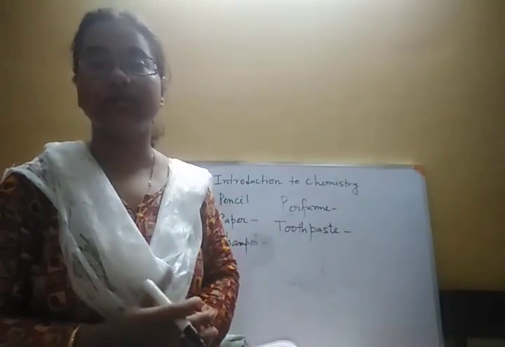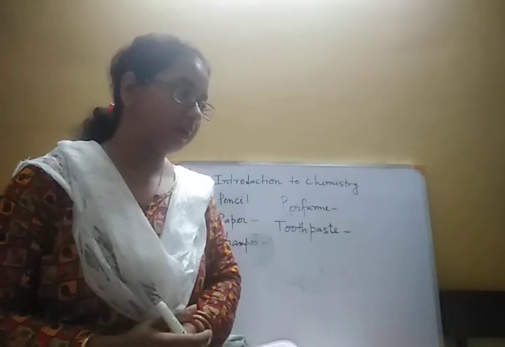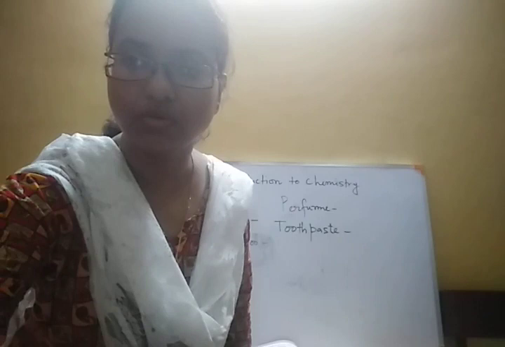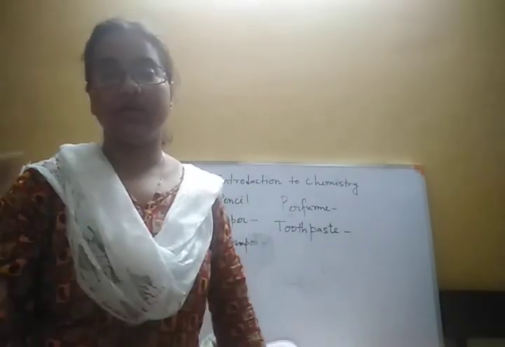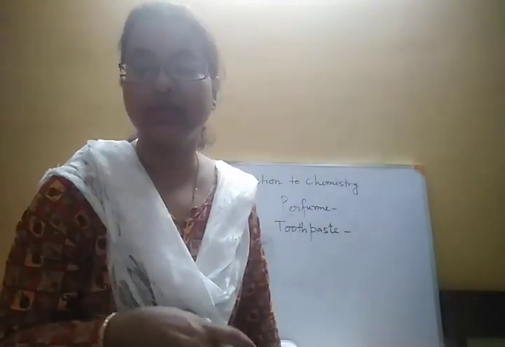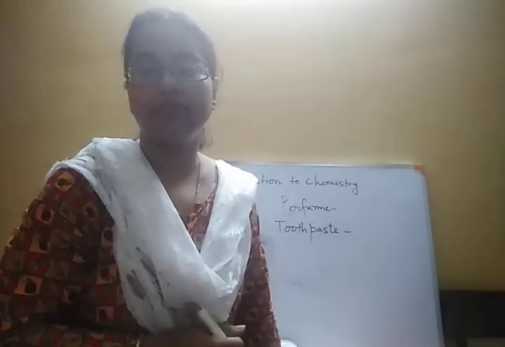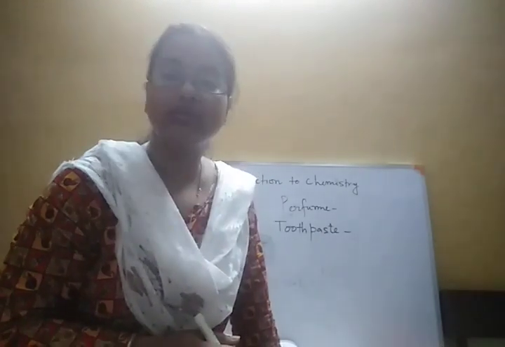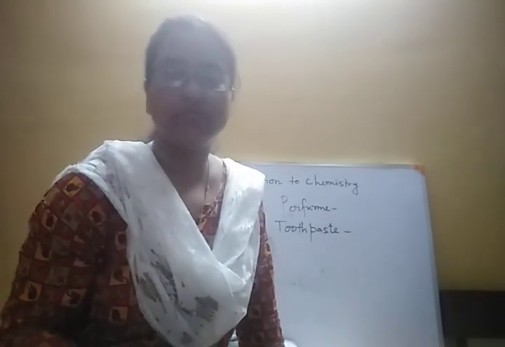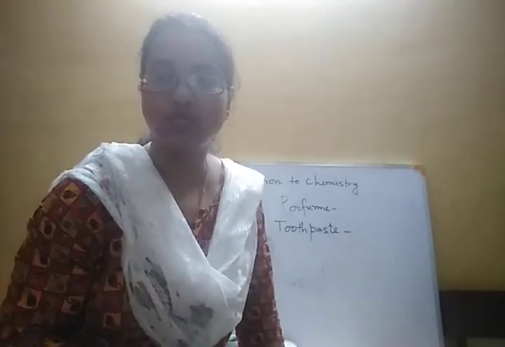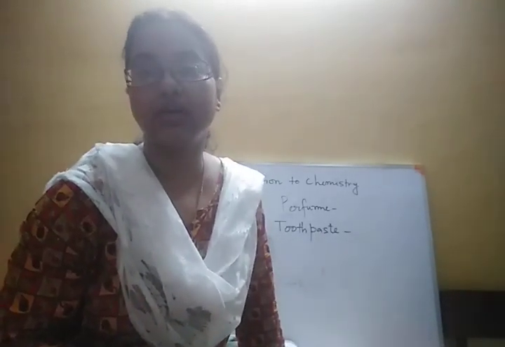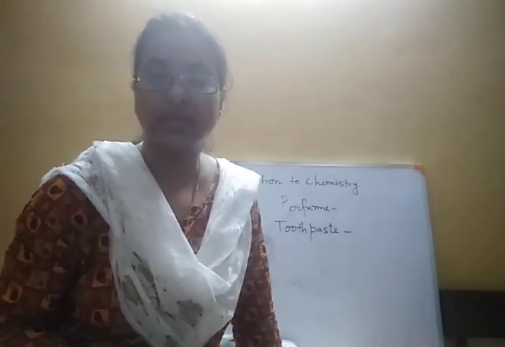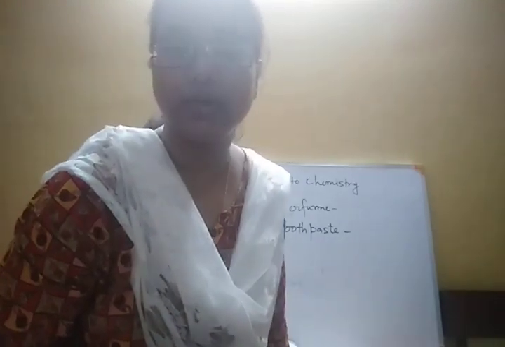This involves chemistry in every manner. Without that we cannot produce these substances. These are not natural things. We have to produce them in chemical laboratories or in different industries.